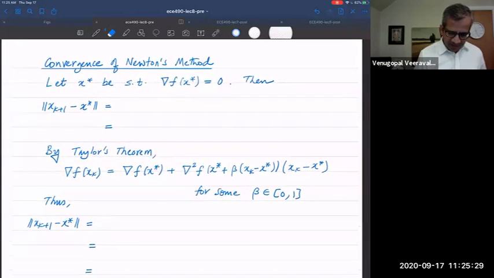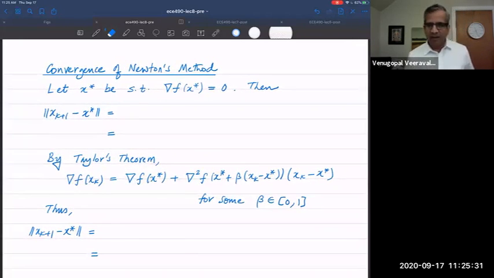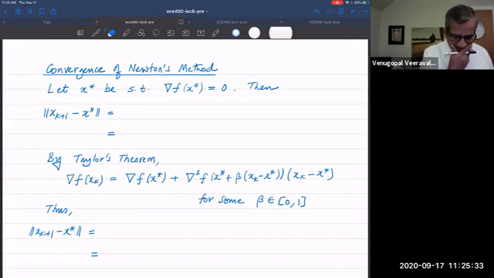So let's start to investigate the convergence of Newton's method. Let's say x star is the stationary point of f, so x star is such that the gradient of f at x star is 0.